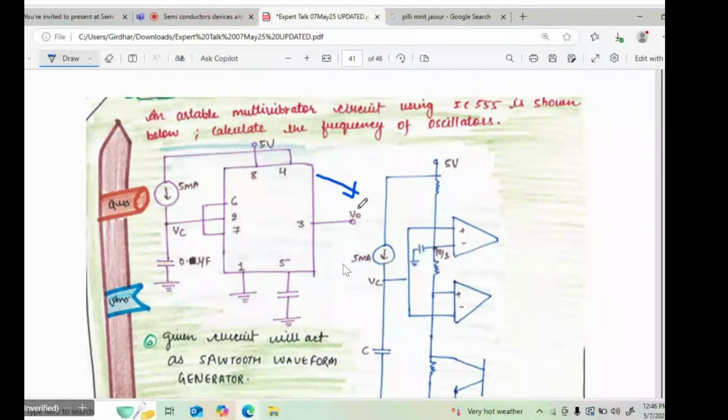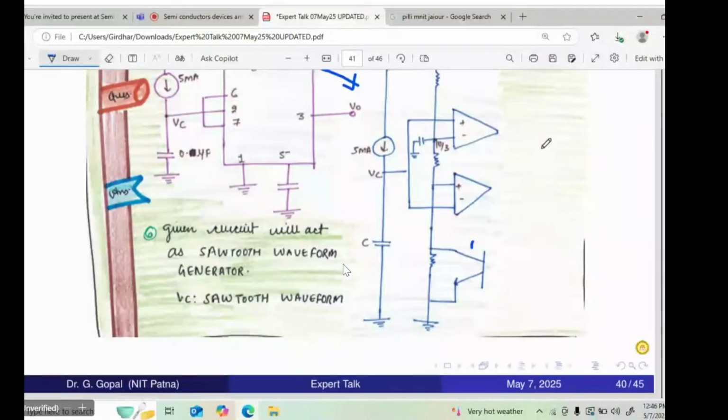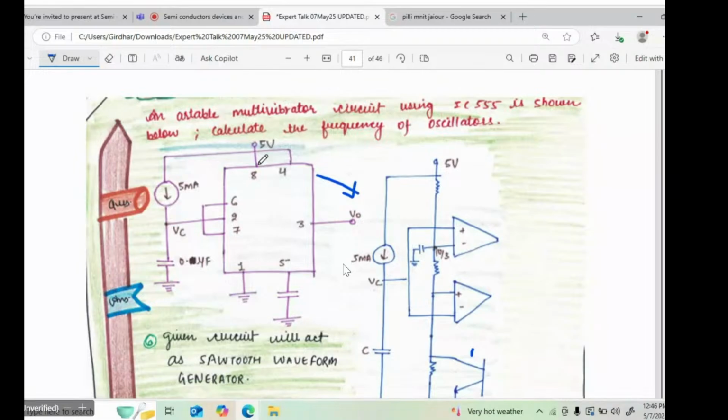The internal schematic has two comparators, the upper comparator and the lower comparator, and there is a BJT also. I have noted only the half portion that is required. Now, what is the specification given in the problem here? There is a current source.